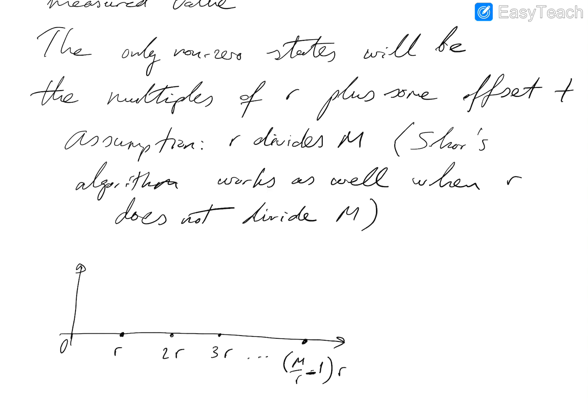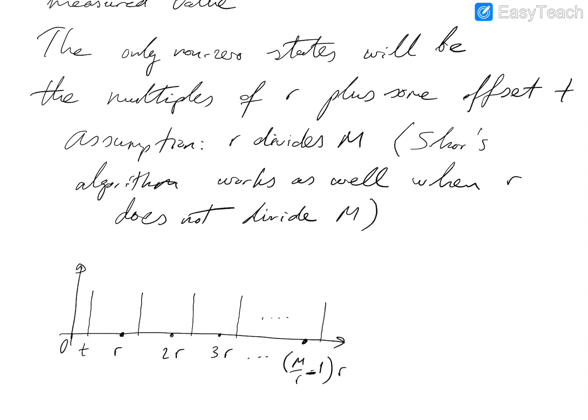We have some offset here as well. In the worst case, let's suppose that we have an offset t, and other non-zero states will be r plus t, 2r plus t, 3r plus t, and finally M over r minus 1 times r plus t.